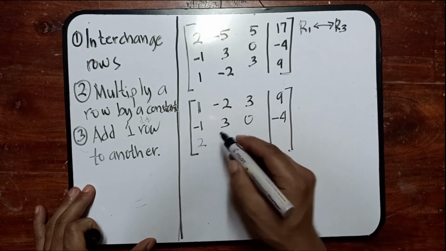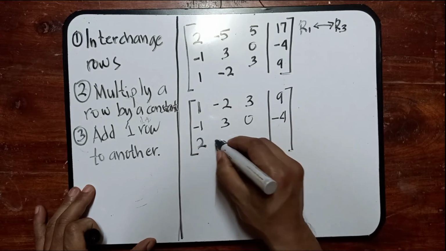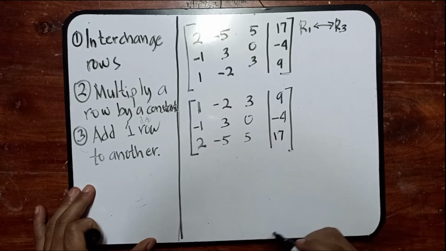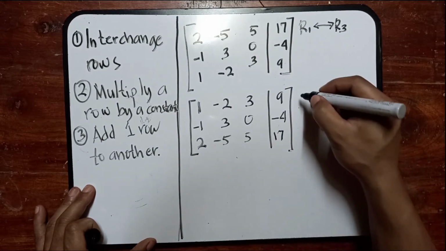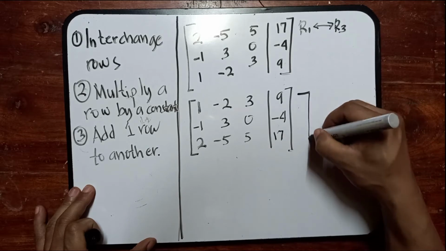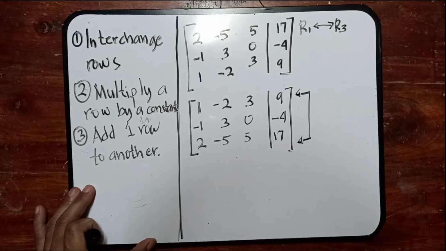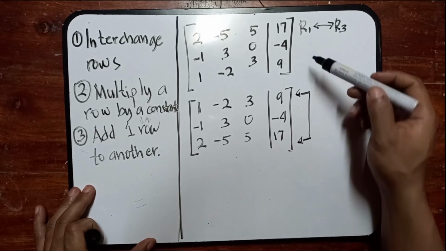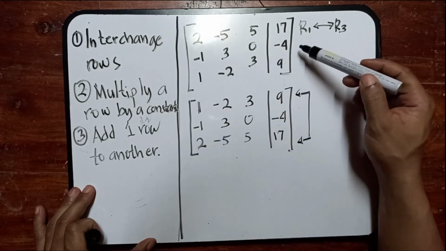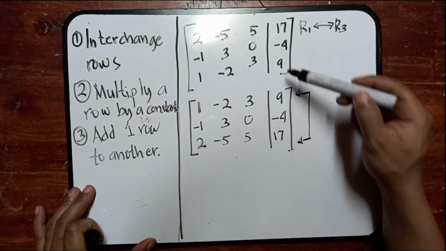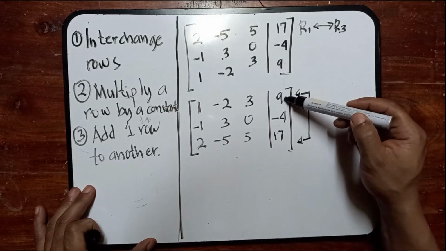So we have here 2, -5, 5, and 17. As you can see, these two rows were swapped. That's how we apply interchange rows. The row 1 took the place of row 3, and row 3 took the place of row 1.